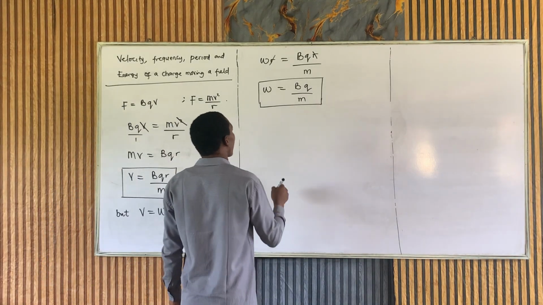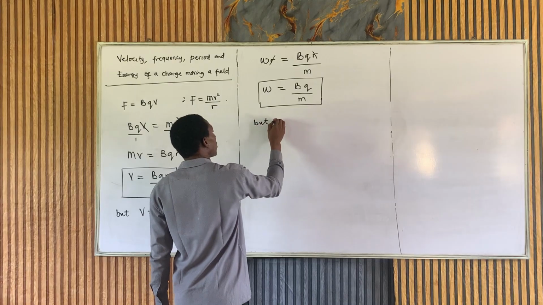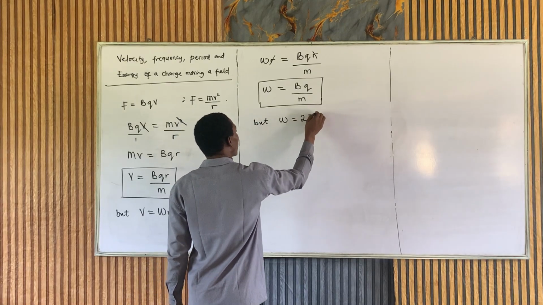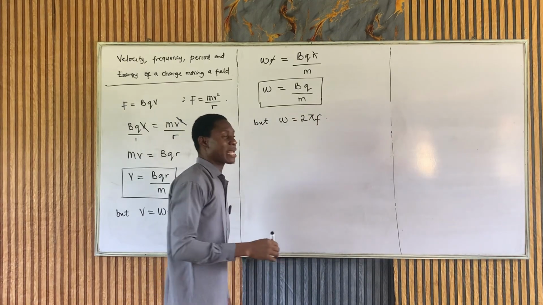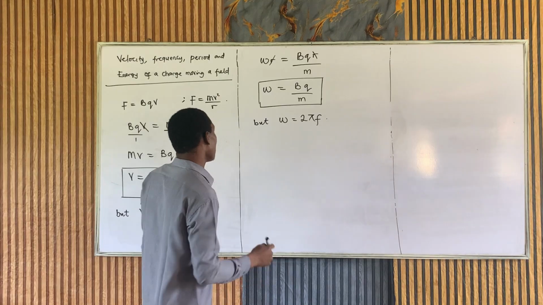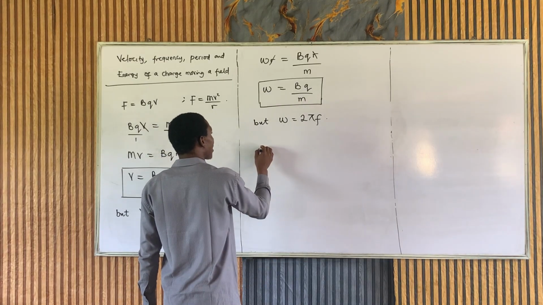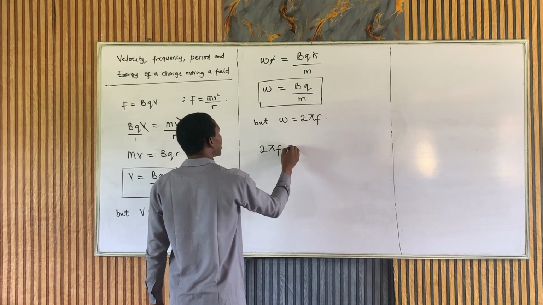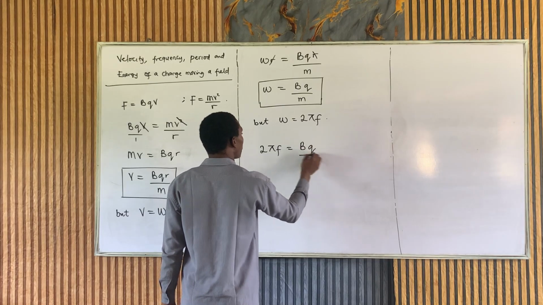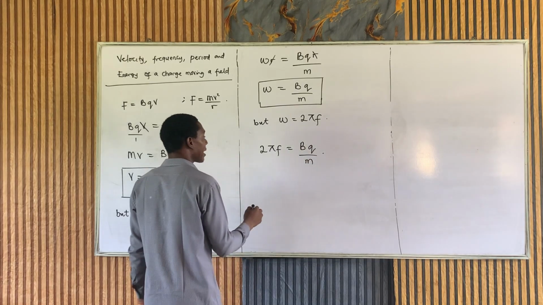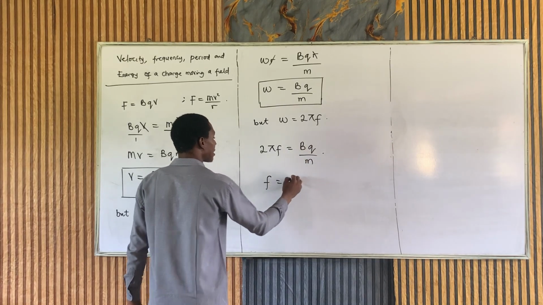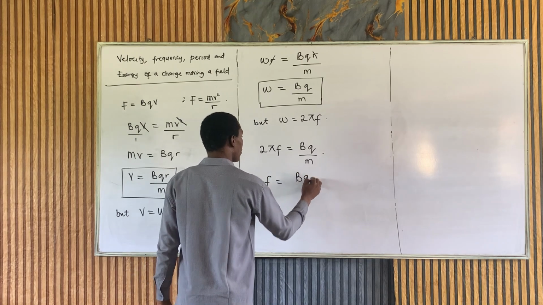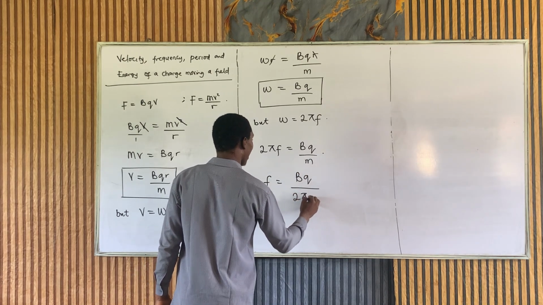Next, omega is equal to 2 pi f, 2 pi times frequency. Now, if we equate that here, we get that 2 pi f is equal to BQ over m. In that case, if you make f the subject, we get that f is equal to BQ over 2 pi m.